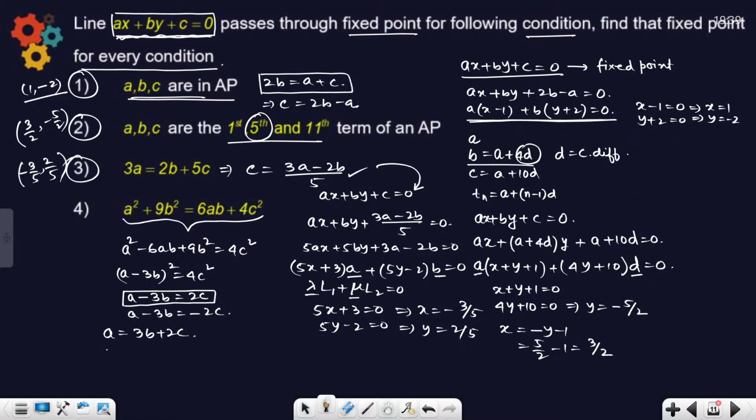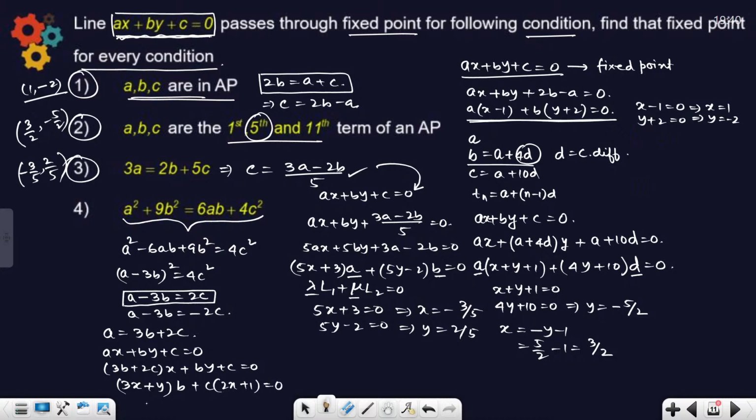Now replace this in ax plus by plus c equals to 0. In place of A, I'm writing 3b plus 2c into x plus by plus c equals to 0. Now if I remove the brackets, we are going to have 3x plus y times b plus 2x plus 1 equals to 0.